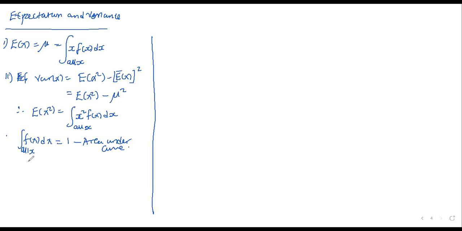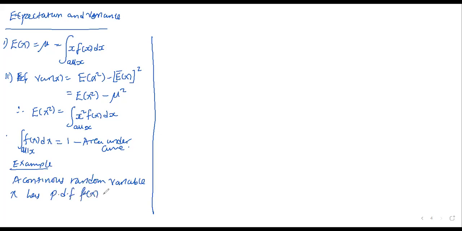Now, example. A continuous random variable x has a probability density function f of x, where f of x is equal to x over 8, for 0 less or equal to x less or equal to 4, and 0 elsewhere.